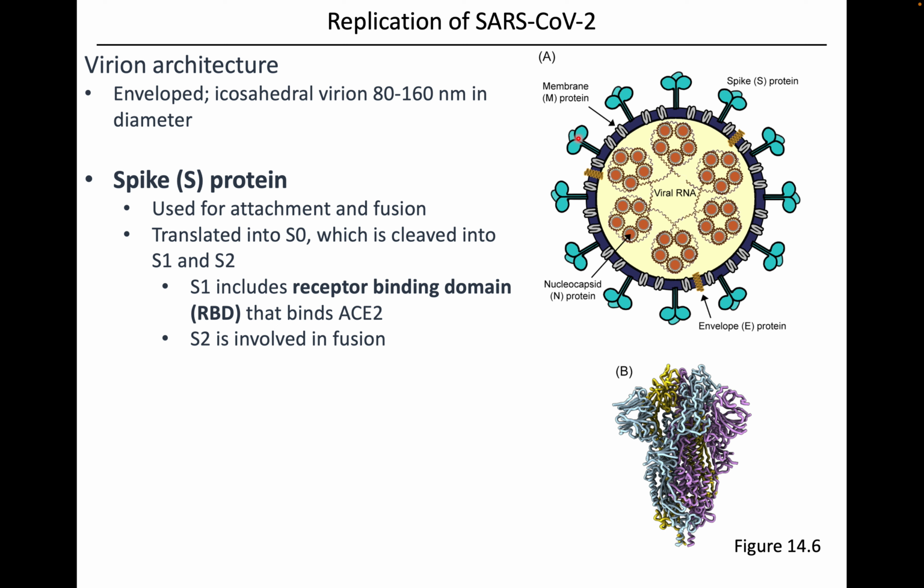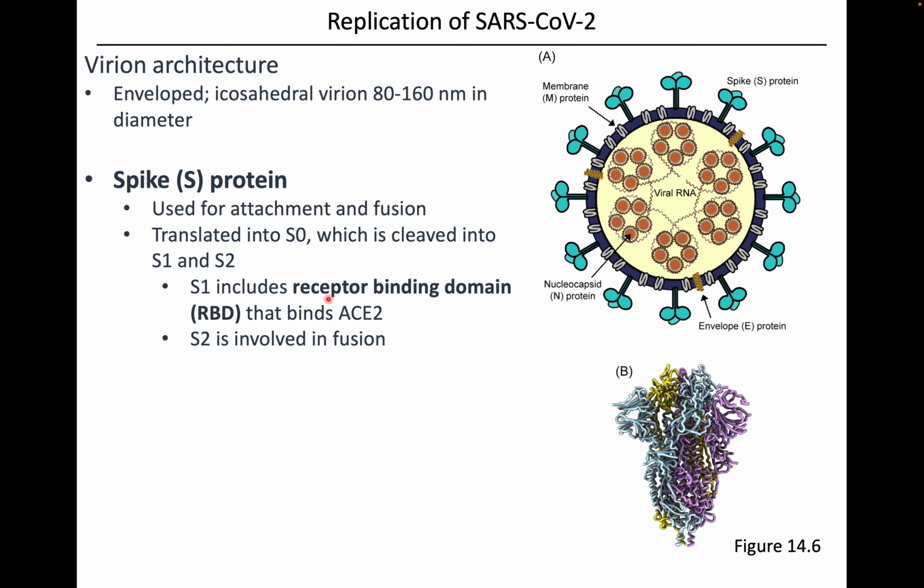Maybe the defining feature of the virion is the large spike protein that you see extending from the viral envelope there. And of course, those spike proteins are going to be important for attachment, also for fusion as well. The spike protein initially gets translated as this precursor S0 protein, then gets cleaved into S1, S2 components.